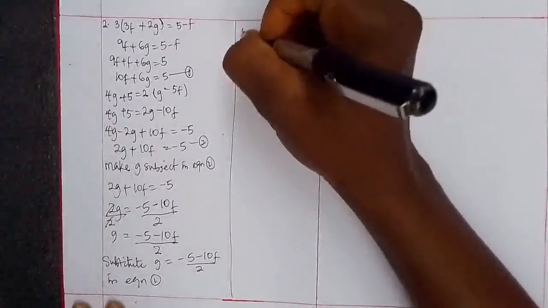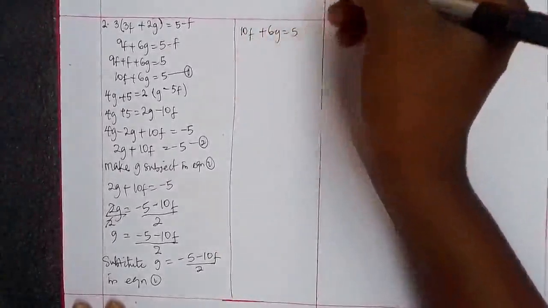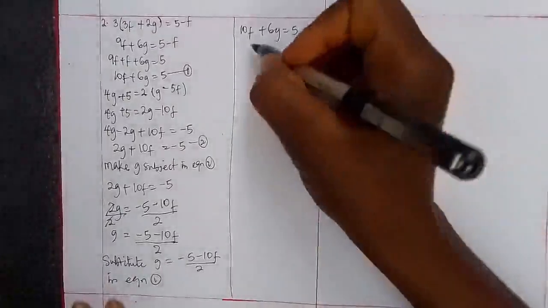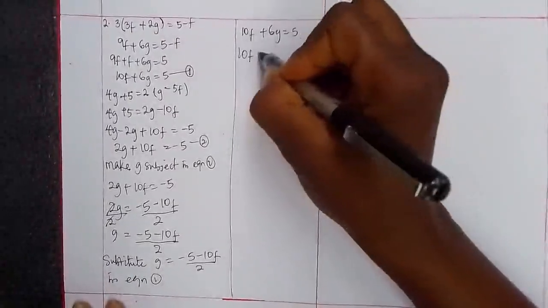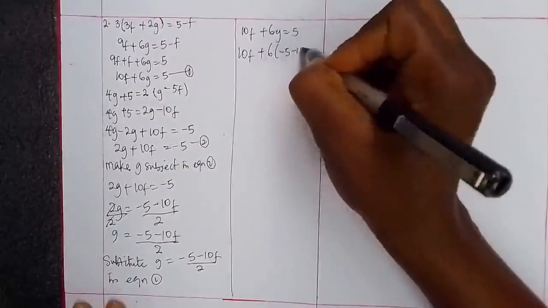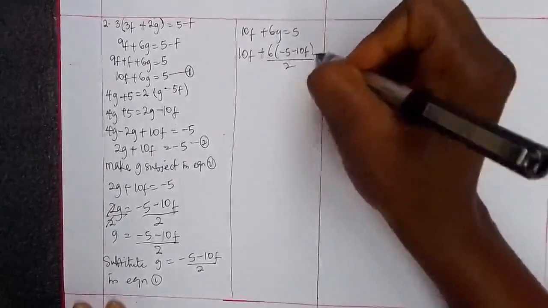Equation 1 is 10f plus 6g is equal to 5. So we have 10f plus 6, our g is minus 5 minus 10f all over 2 is equal to 5.